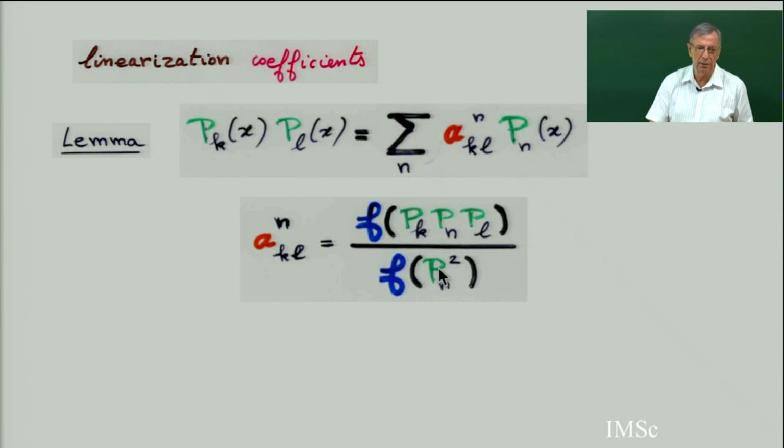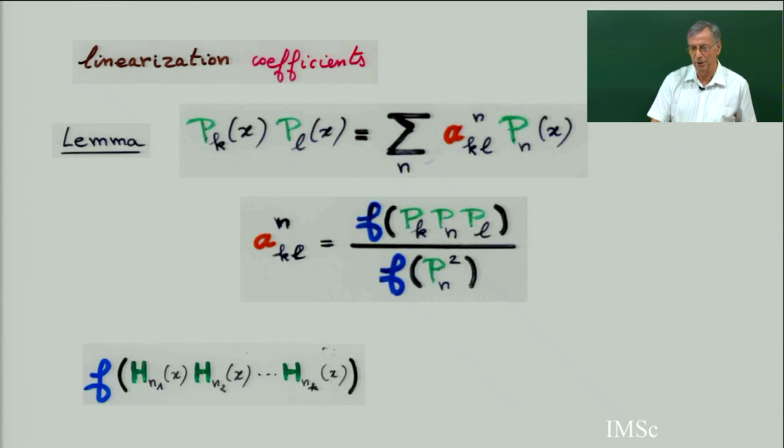So in classical analysis theory, people are very interested in the linearization coefficient to compute this f of a product of 3. But in combinatorics, we can do much more. We can compute the f of the product of any number of polynomials.